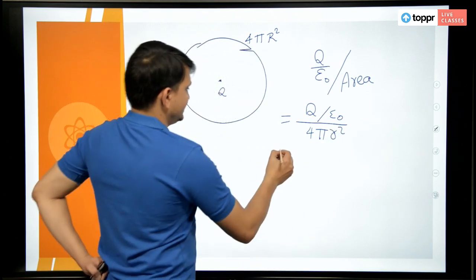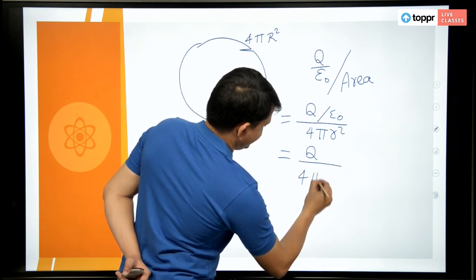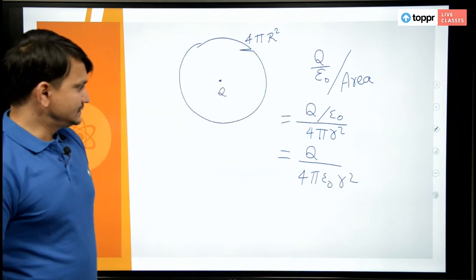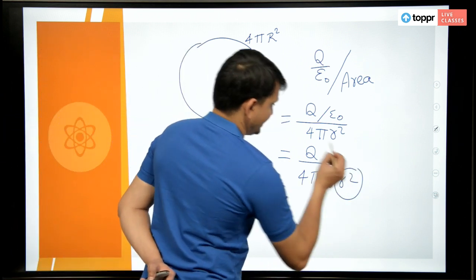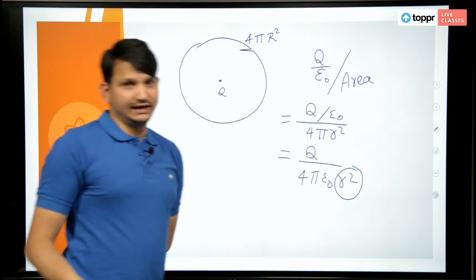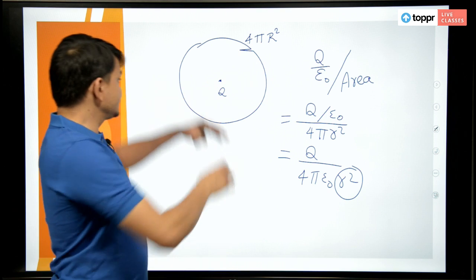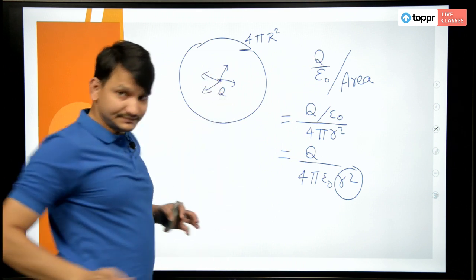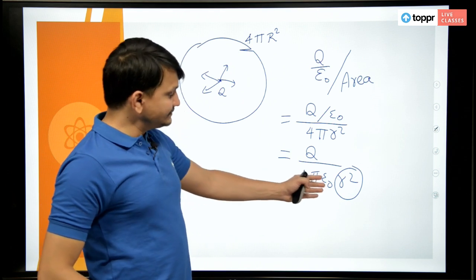That gives us q divided by 4 pi epsilon r square. Okay, so this whole flux divided by area is the electric field, if the electric field is uniform, right? And it is uniform because the electric field in all directions would be the same for a point charge. So electric field is equal to Q divided by 4 pi epsilon naught r square.